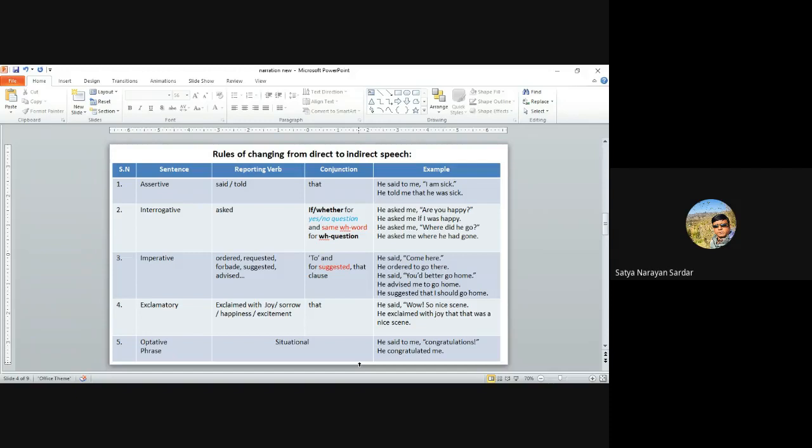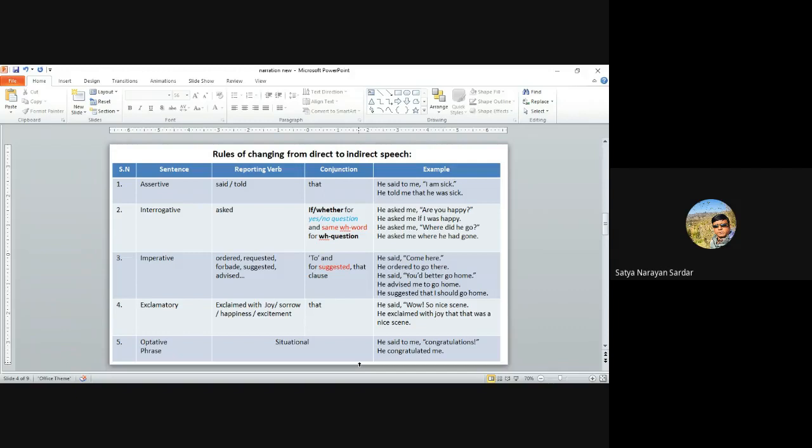If we get these three kinds of questions used inside the inverted commas, the reporting verb should be asked. And if there is a yes-no question inside the inverted commas, to change into indirect, we have to use if or whether as conjunction. Example: He asked me, "Are you happy?" He asked me if I was happy.